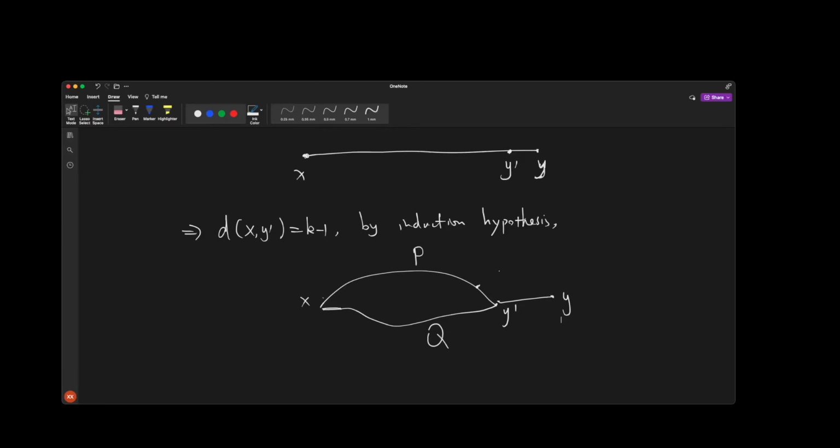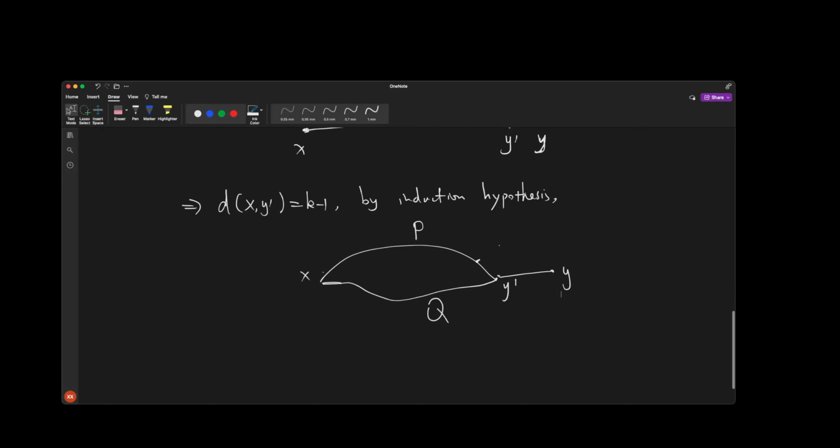I'm going to find another path R. I'm sorry, I'm trying to find another path R.